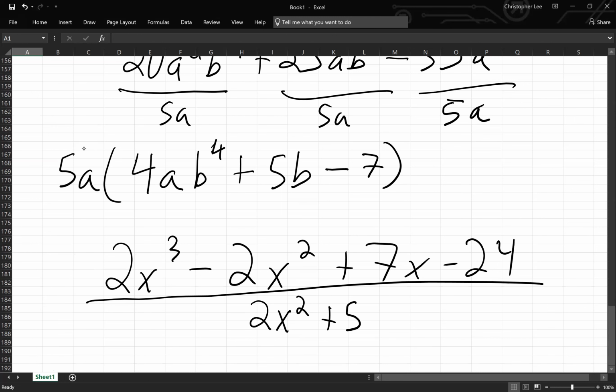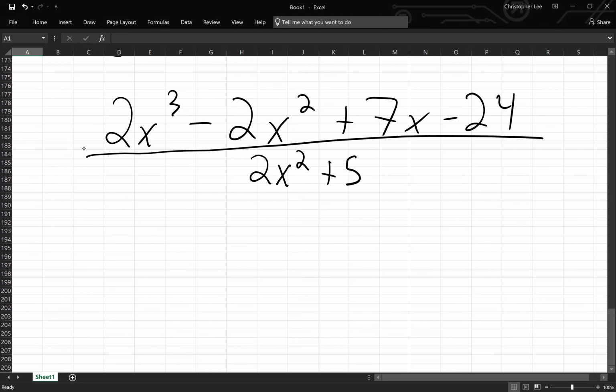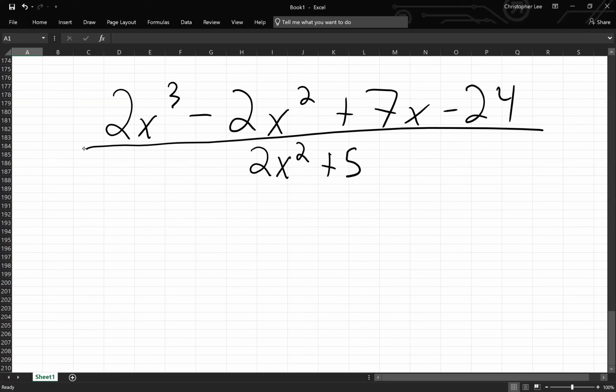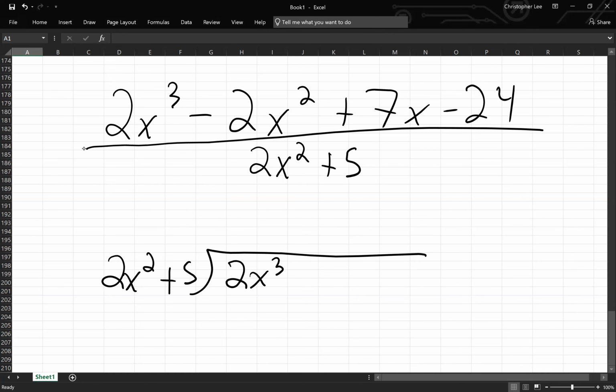Like this? It is. So, same thing, long division, right? The denominator goes on the outside, the numerator on the inside. And just go step by step.